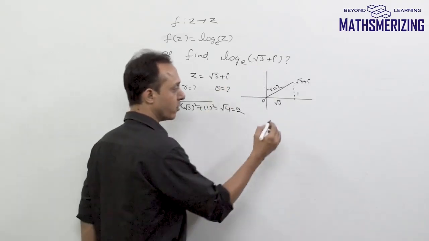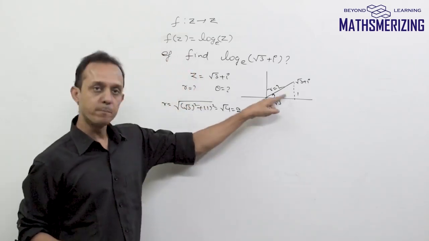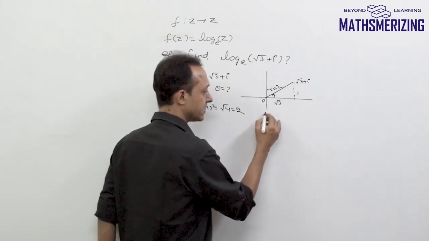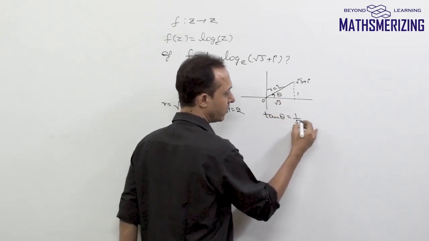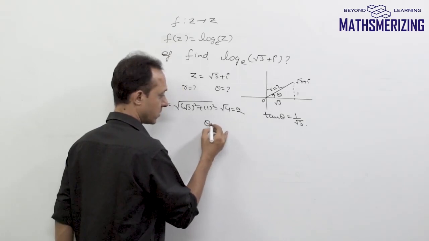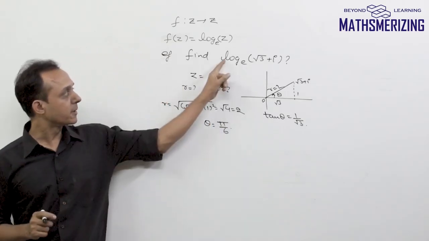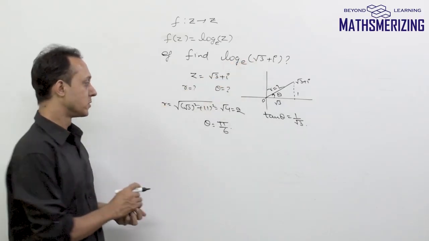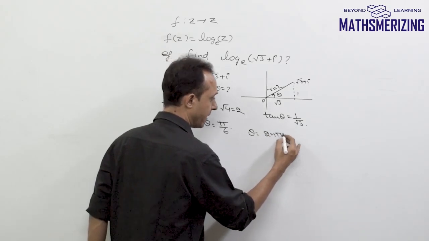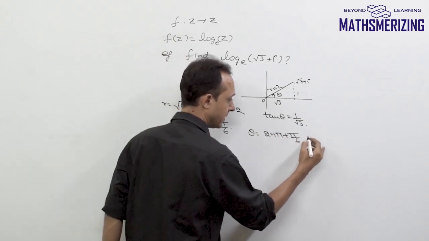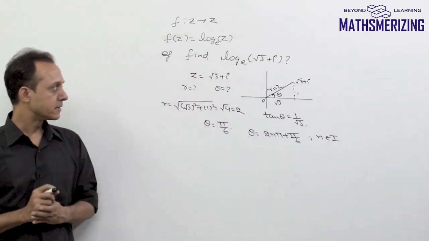Now we'll find its argument. So we know that argument is nothing but angle it makes with positive real axis. So in this case, the value of tan theta will be 1 by root 3. So I'll write theta as pi by 6. Now since I know that this logarithmic function is a multi-valued function, so I'll actually write this theta as 2n pi plus pi by 6, where n belongs to set of integers.